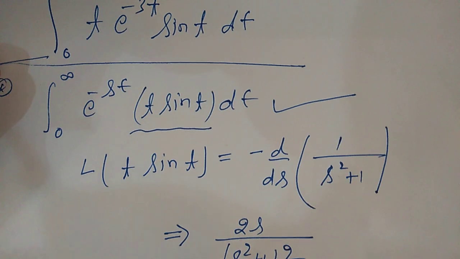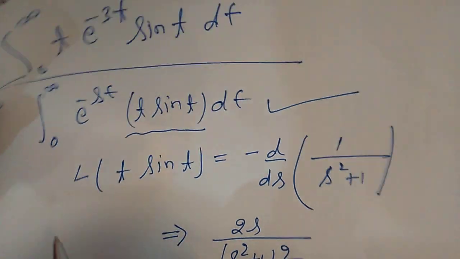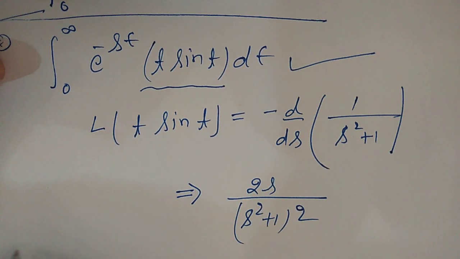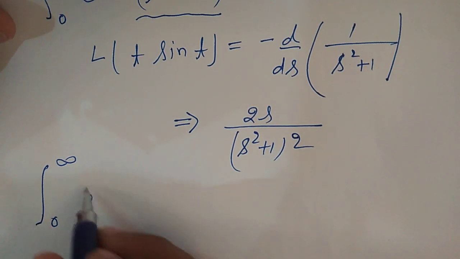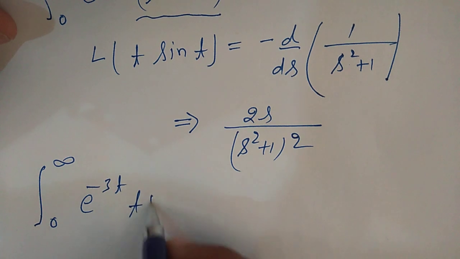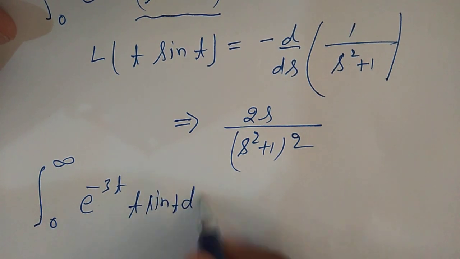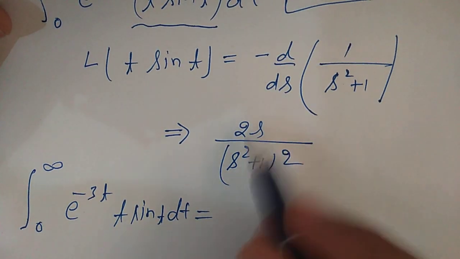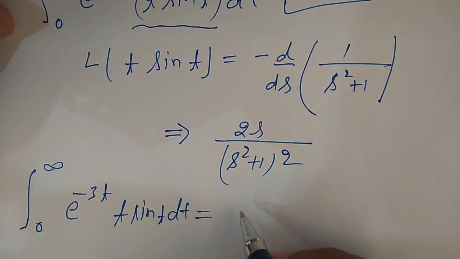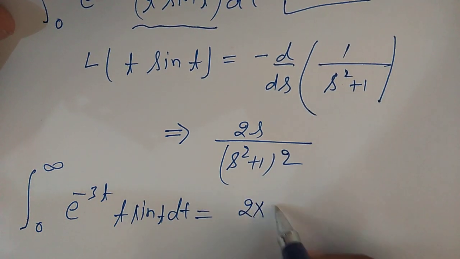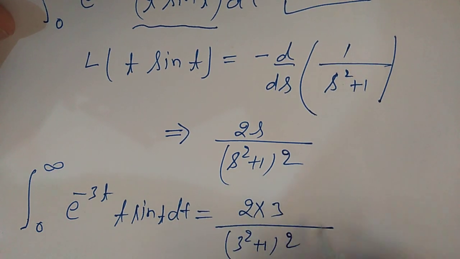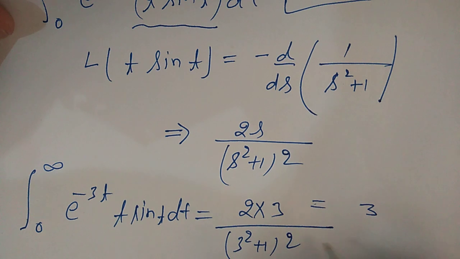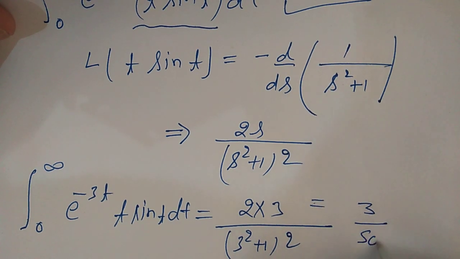Now if you put s equal to 3 on both sides, the left hand side will be the integral from 0 to infinity of e power minus 3t t sin t dt, and on the right hand side we put s equal to 3, so 2 into 3 by 3 square plus 1 whole square, so this is 3 by 50.